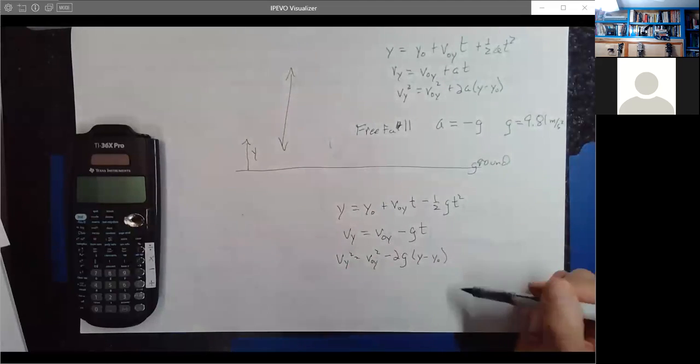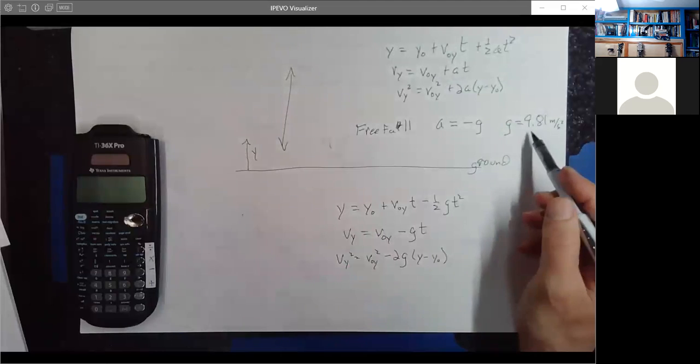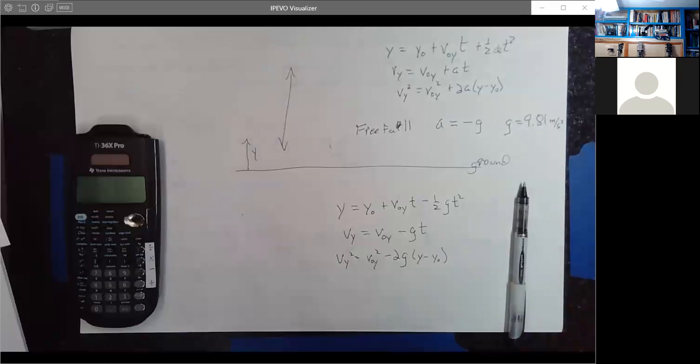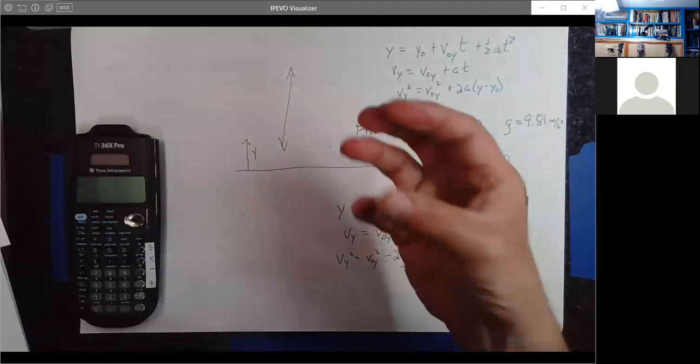And in all of our free fall problems, we're going to know what the acceleration happens to be. It's going to be the acceleration due to gravity. By the way, we ignore air resistance when we're solving these problems. Okay, if we took air resistance into account, things would get too complicated too fast. Now, you can get away with ignoring air resistance if you're doing something like dropping a rock that's a fairly good sized chunk, or a solid steel ball bearing.